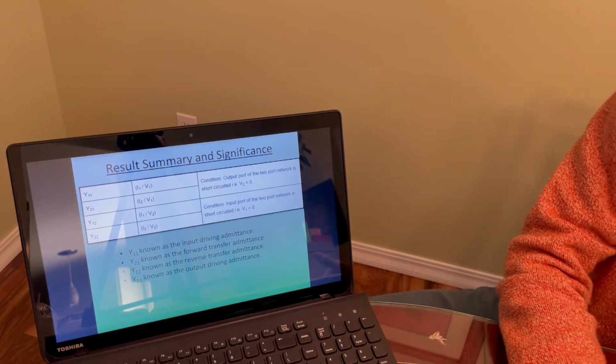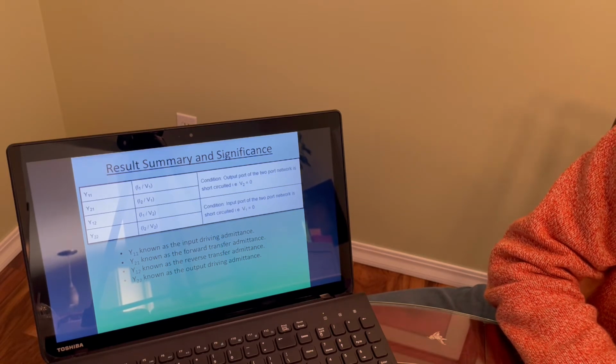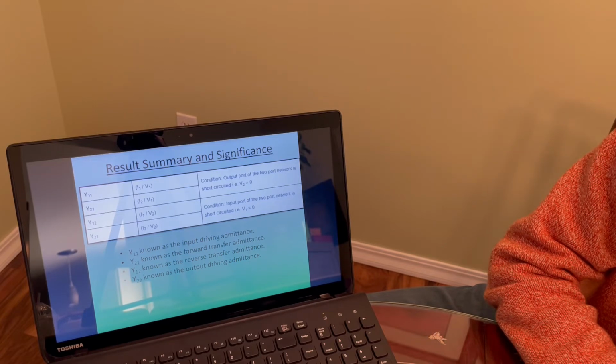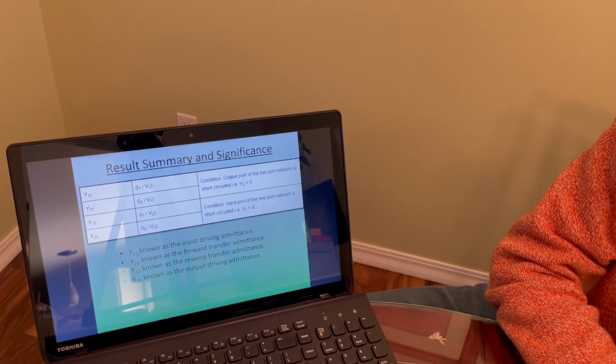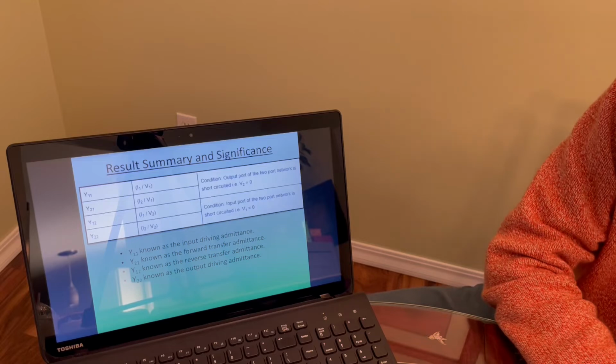The names given for these parameters is the input driving admittance for Y11, the forward transfer admittance for Y21, the reverse transfer admittance for Y12, and the output driving admittance for Y22.